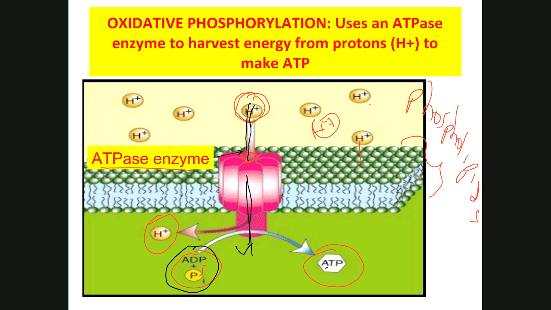So oxidative phosphorylation uses an enzyme whose only job is to make ATP by using protons as the energy source to fuel the enzyme. And actually, the hydrogen ions make the enzyme physically rotate and bring together ADP and phosphorus.